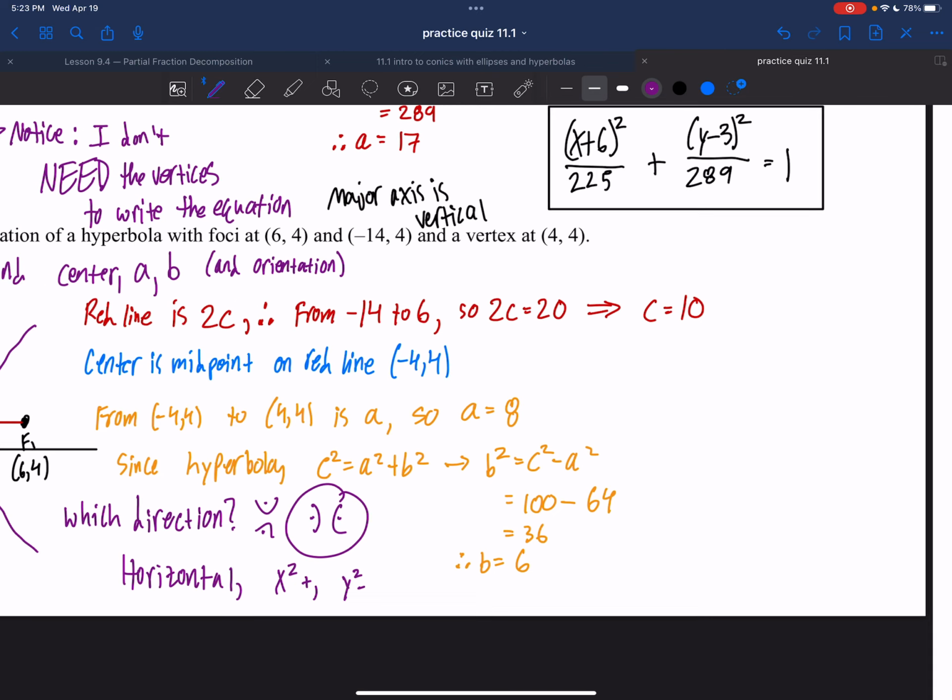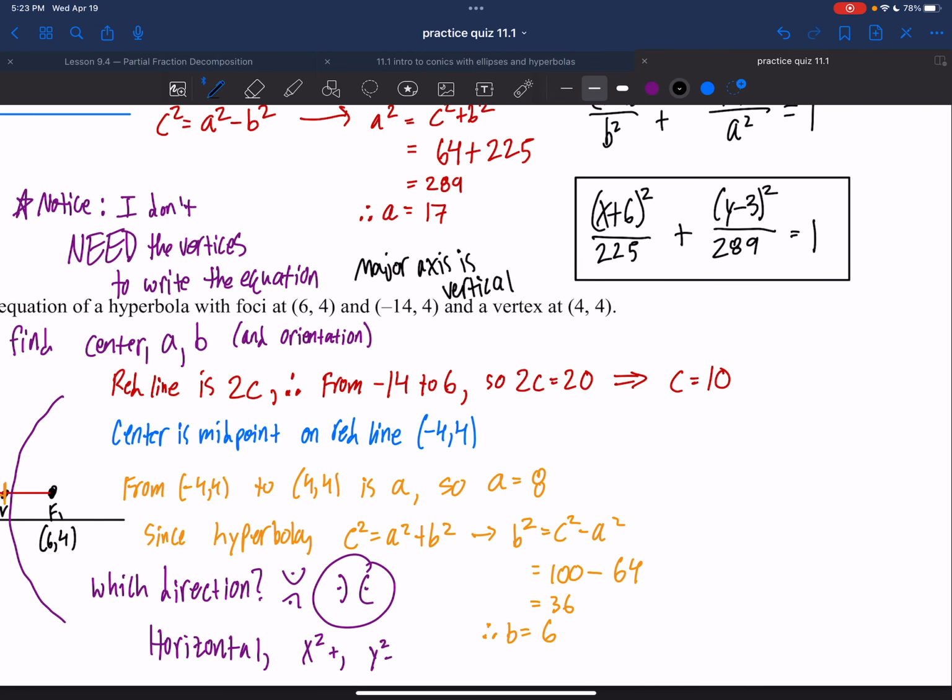So let's put all these pieces together. It's a lot, right? Putting all of this together, you're going to say x minus h squared over a squared minus y minus k squared over b squared equals 1, because x is positive since it's opening horizontally. If it was vertical, you need to put the y squared term first and subtract x squared.